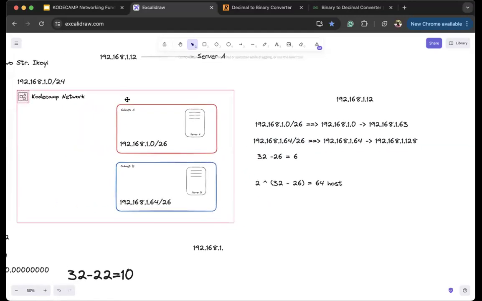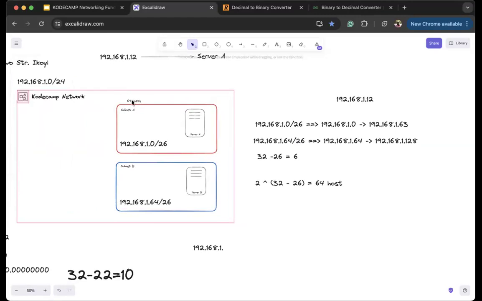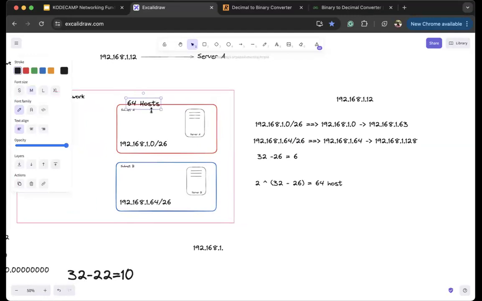And so that is 64 hosts inside here. 64 hosts in this subnet. Another 64 in this subnet.